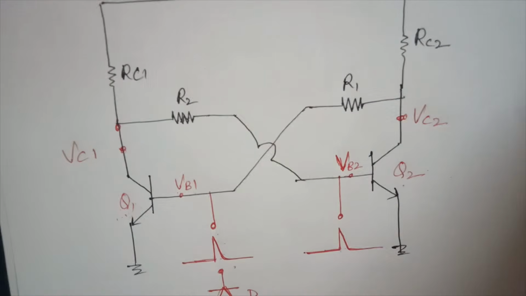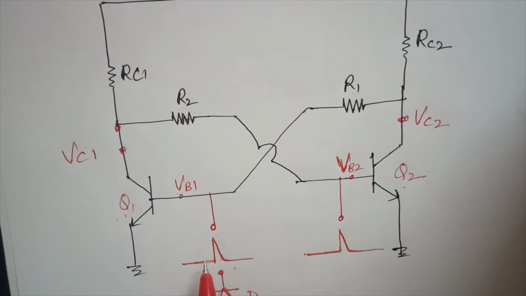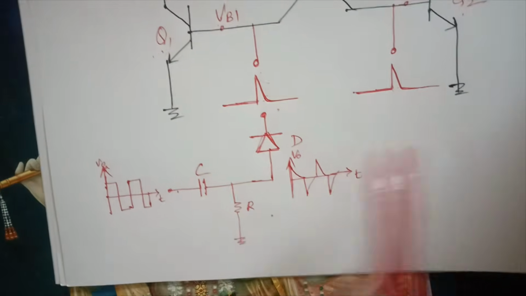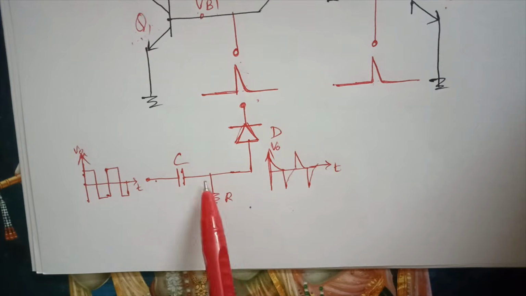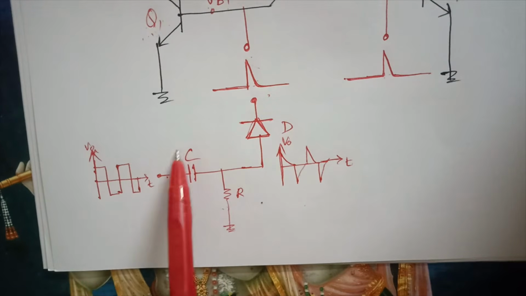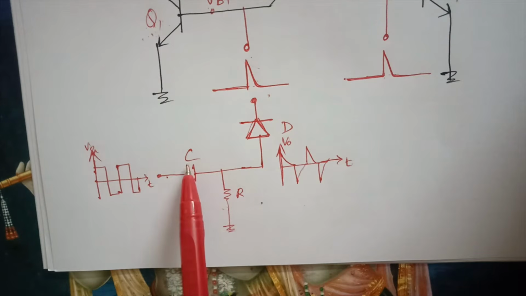Here I will explain how to generate this trigger pulse. If you observe this figure, it is a sharp pulse. This can be obtained by a differentiator circuit, nothing but a high pass circuit, with a rectifier circuit. Here I apply a square waveform to the RC high pass circuit.